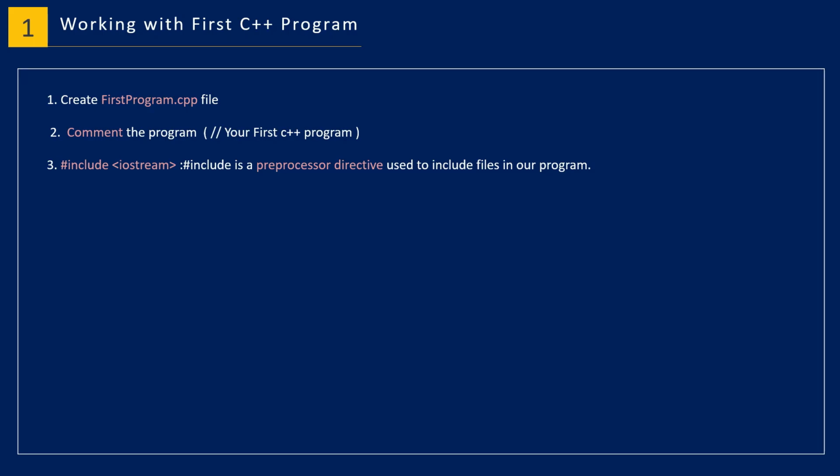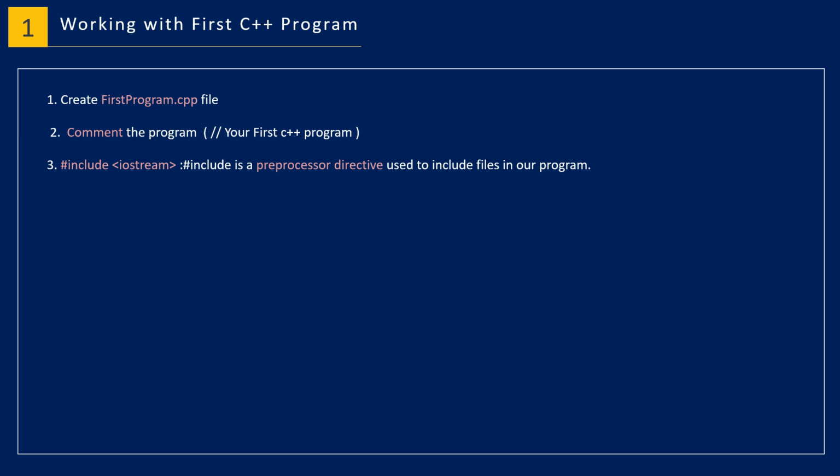Third step is #include <iostream>. What is #include? #include is a preprocessor directive. So preprocessor directive is used for processing the code before the compilation by the compiler.